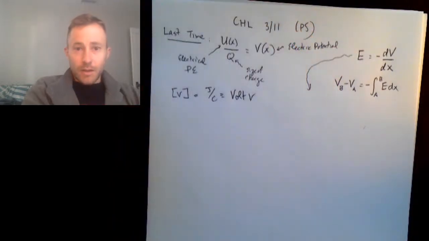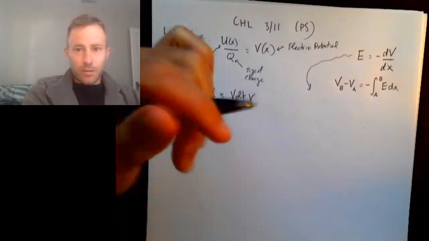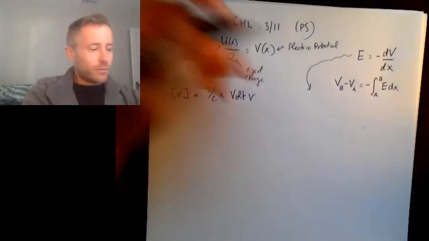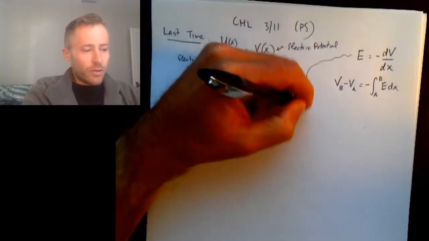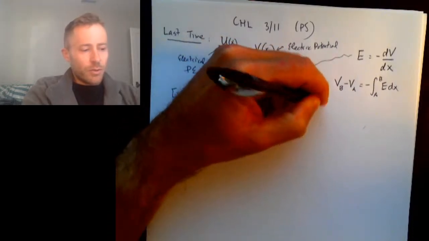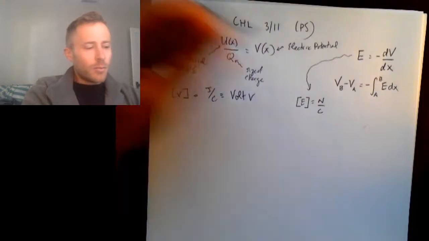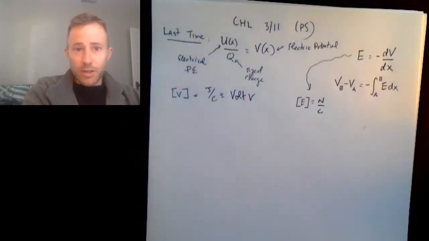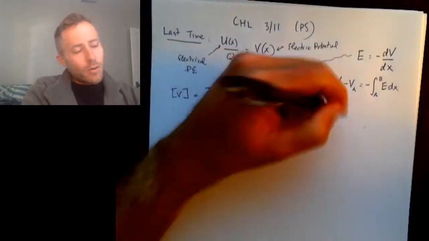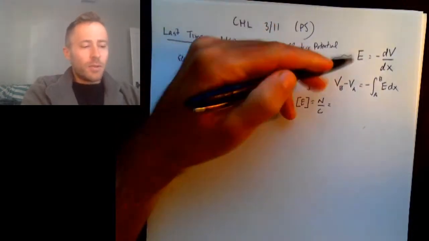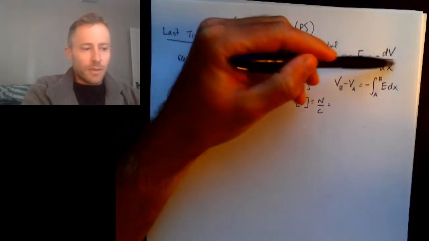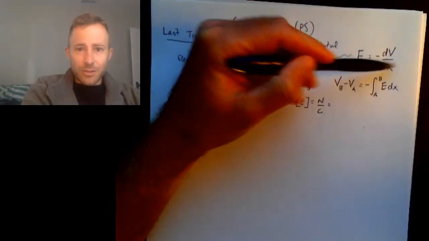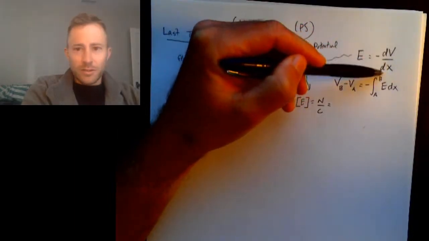This equation also gives us a second unit for electric field. So originally, we have used the unit for electric field newtons per coulomb, okay? But this equation gives us another equivalent unit, because we can see that electric field is electric potential divided by distance.